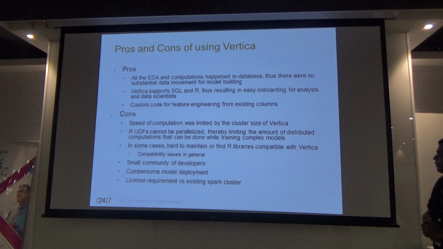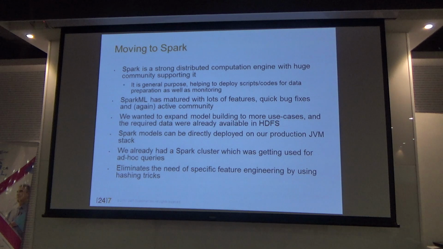And obviously there is a license requirement. Vertica is not a free product; it's a licensed product. Versus we had an existing Spark cluster already because we ran Hortonworks. So Spark was already available. That was one of the main reasons why we moved towards Spark.